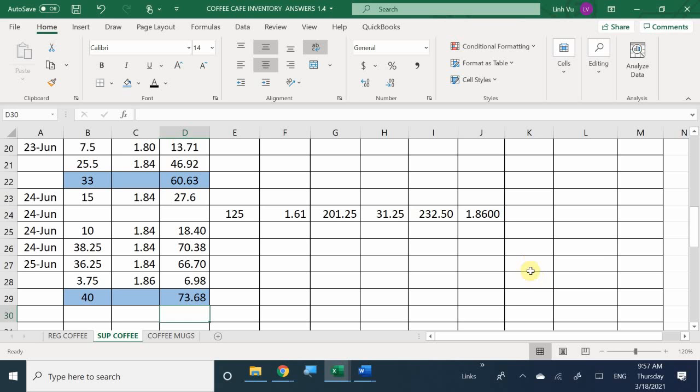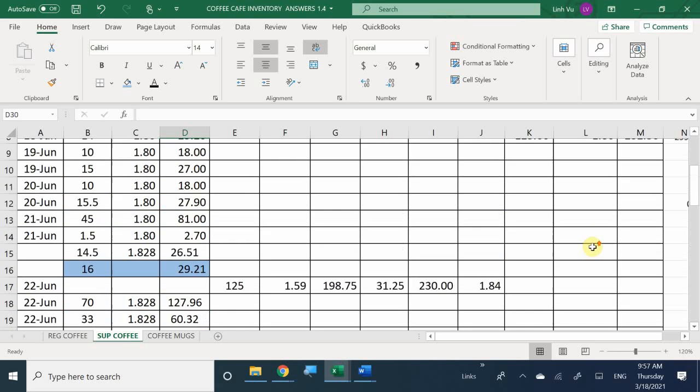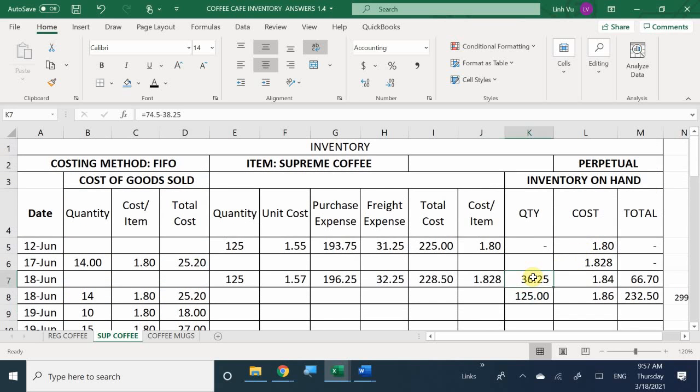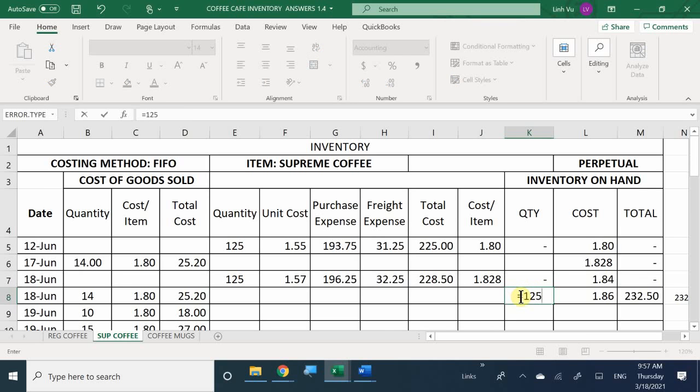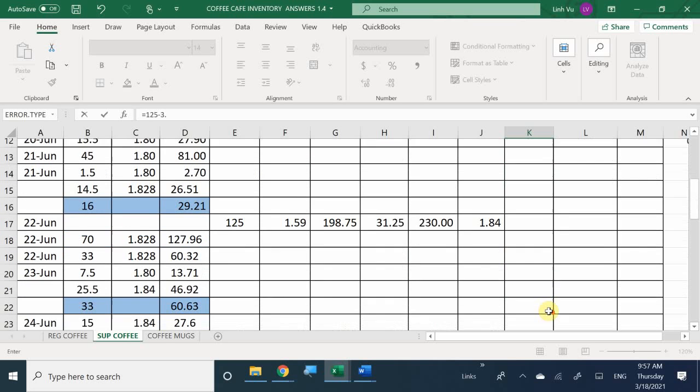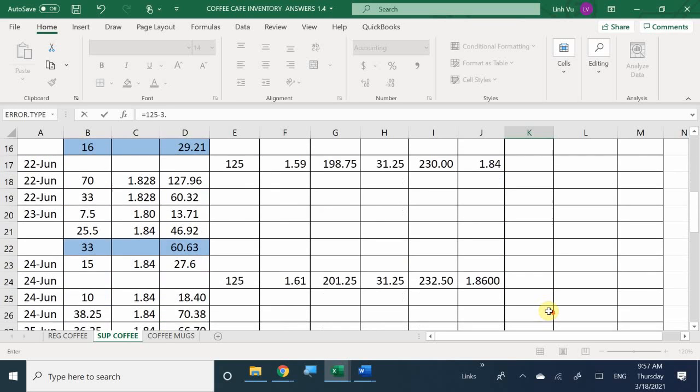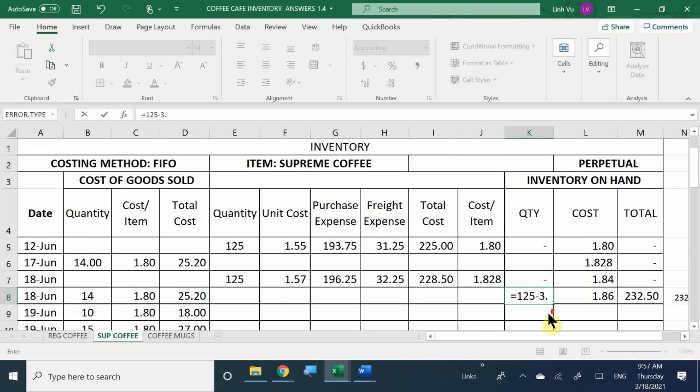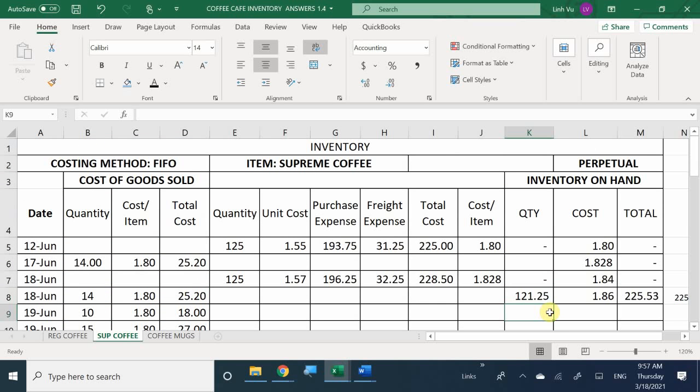So let's go ahead and update our inventory. So we sold 3.75 from the second batch. So we eliminate this one and we have 125 minus 3.75, 121.25, which should give us 2253.